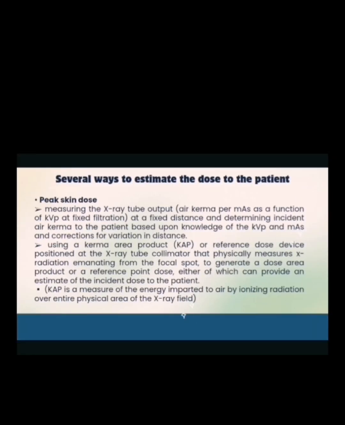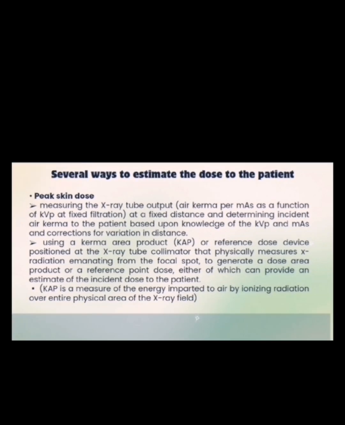And there are several ways to estimate the dose to the patient, of which peak skin dose and effective dose are the most common. So peak skin dose values are determined, firstly, by measuring the x-ray tube output, or the air kerma per milliampere second, as a function of kilovolt peak at fixed filtration and at a fixed distance, and determining incident air kerma to the patient based upon knowledge of the kilovolt peak and milliampere seconds, and also corrections for variations in distance.